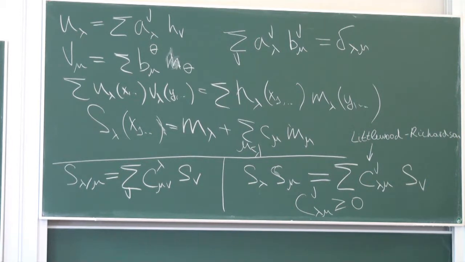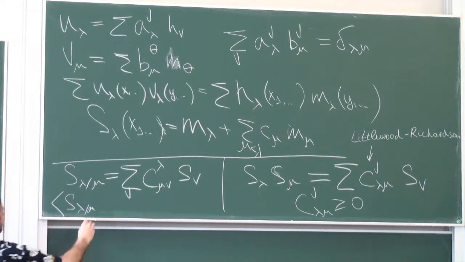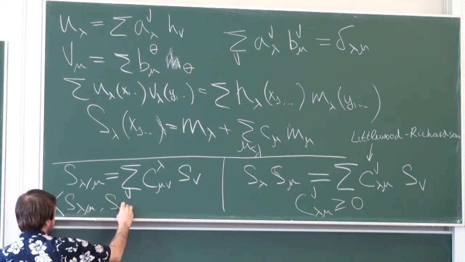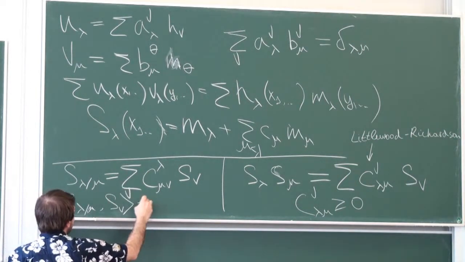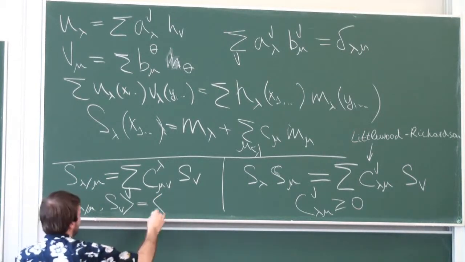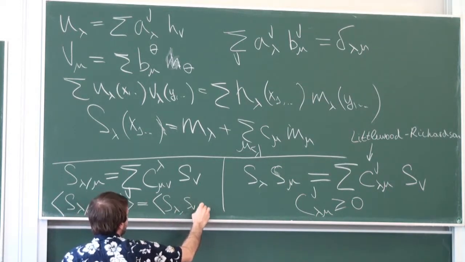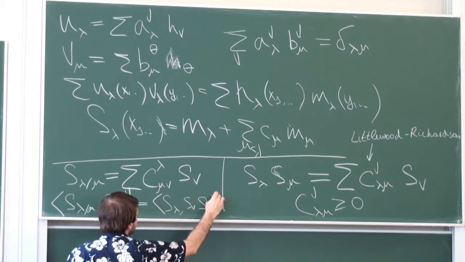Actually it means that you just want to define these polynomials so that they satisfy the following identity: S lambda over mu, scalar product with S nu, is the same as the scalar product of S lambda with the product S nu S mu.